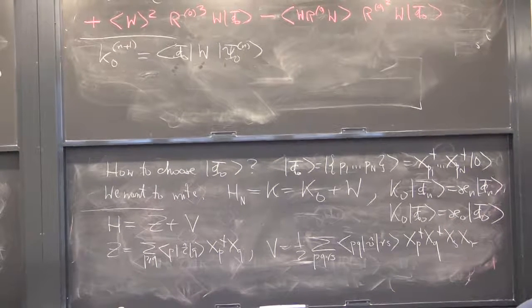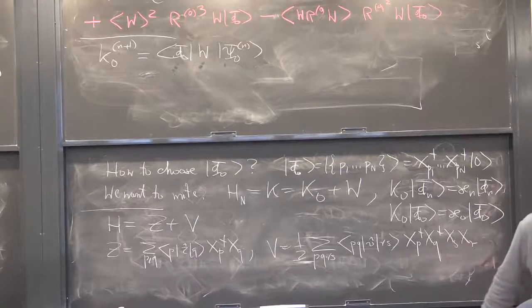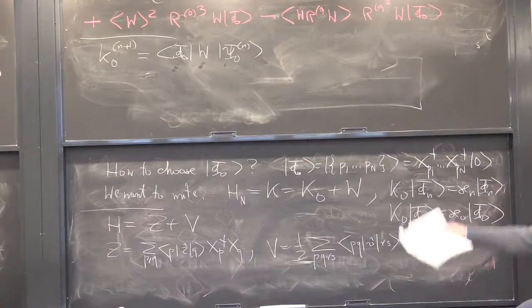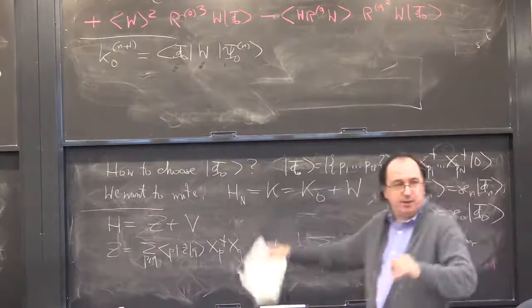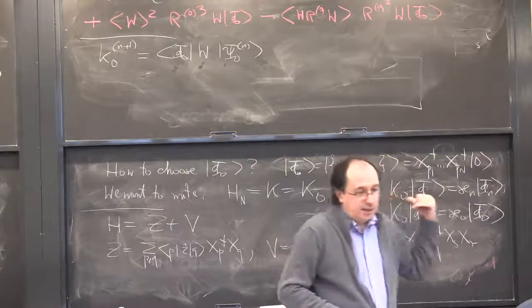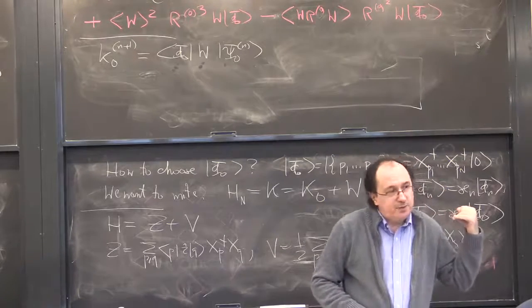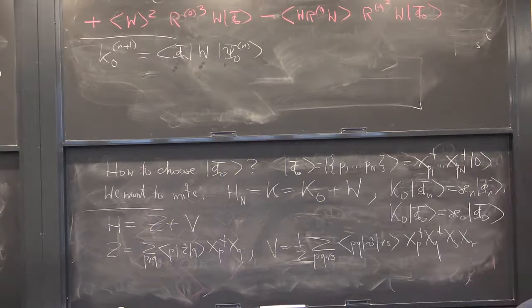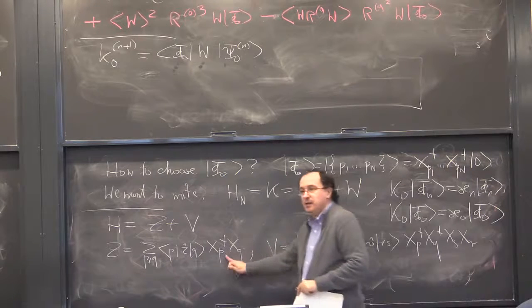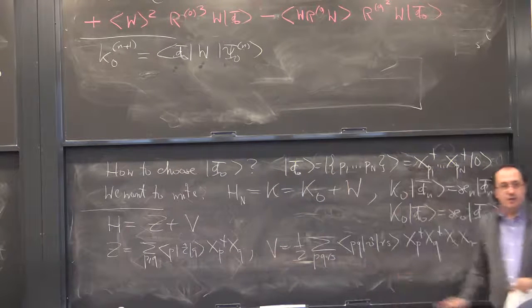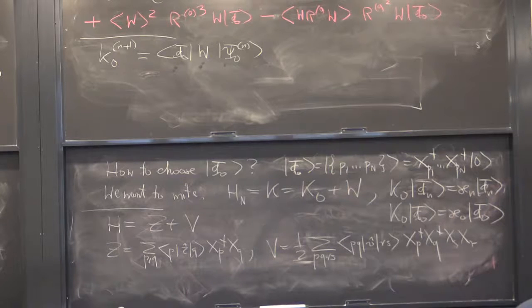We know the little z, we know the little v, so it is very tempting to say, how about if you just split H in this way? And then, of course, you would have to split Hn, but that is easy because you just subtract an expectation value. It's tempting to treat Z as my unperturbed problem and V as my perturbation. Well, that's the biggest mistake you would ever make.